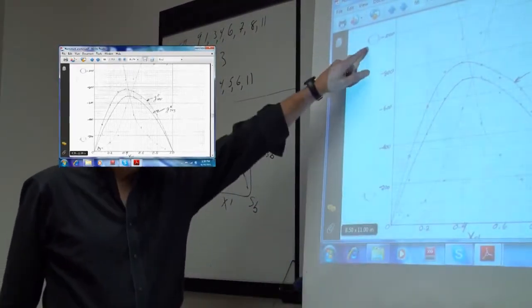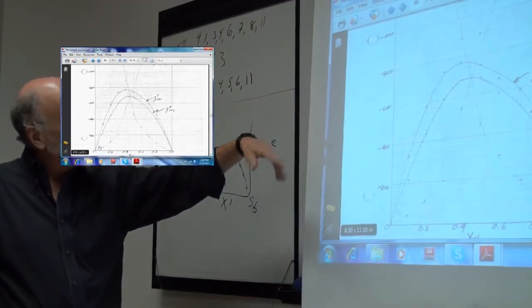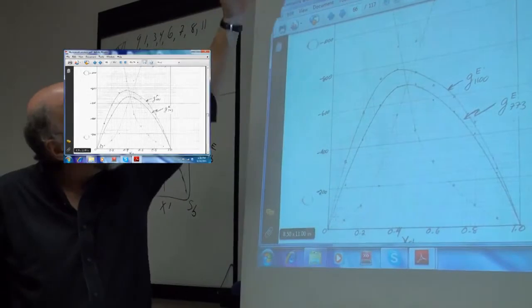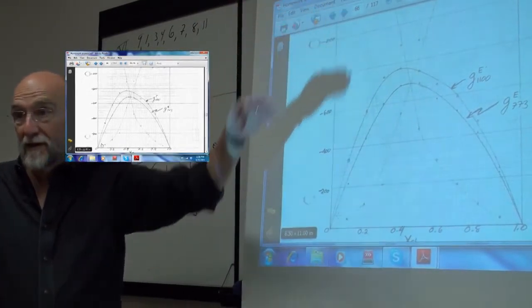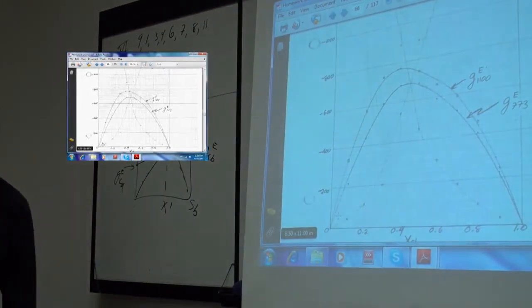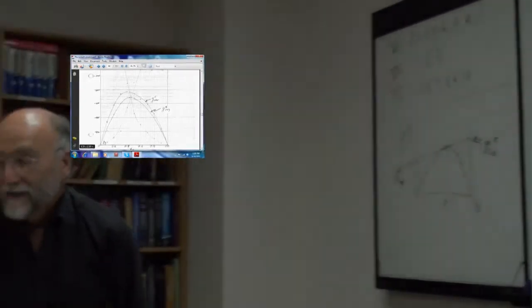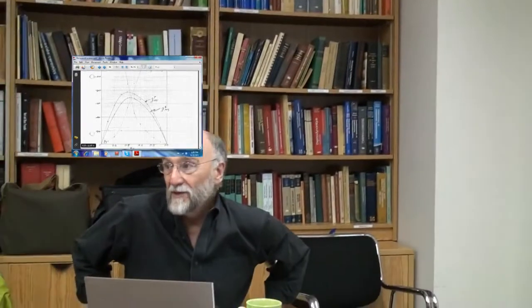If you were to plot delta G rather than GXS, then the curve would come down with an infinite slope, so the intercept at 0 would be infinity. This is because of the delta G ideal term, which is RT log x, and log x is equal to minus infinity when x is 0. The GXS term, however, is not. That is the basis of Henry's law, which we'll come to in a little bit.